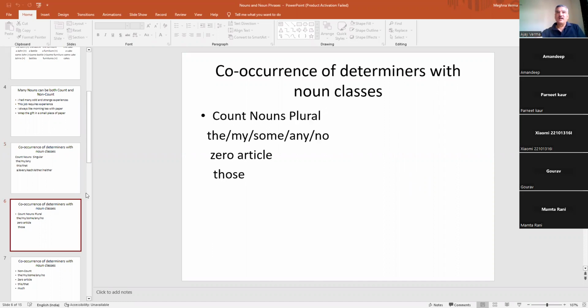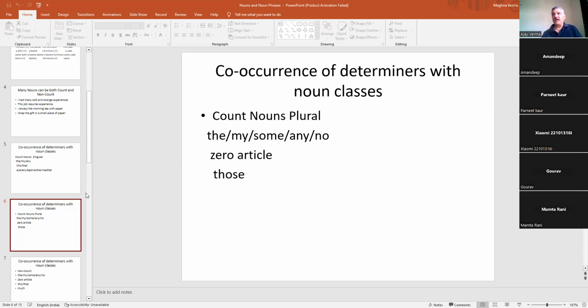Coming to the next slide, count nouns plural. Plural count nouns, obviously, because they are plural with s or es, cannot be used with all the determiners. So we cannot use them with a. We cannot say a glasses, a books.